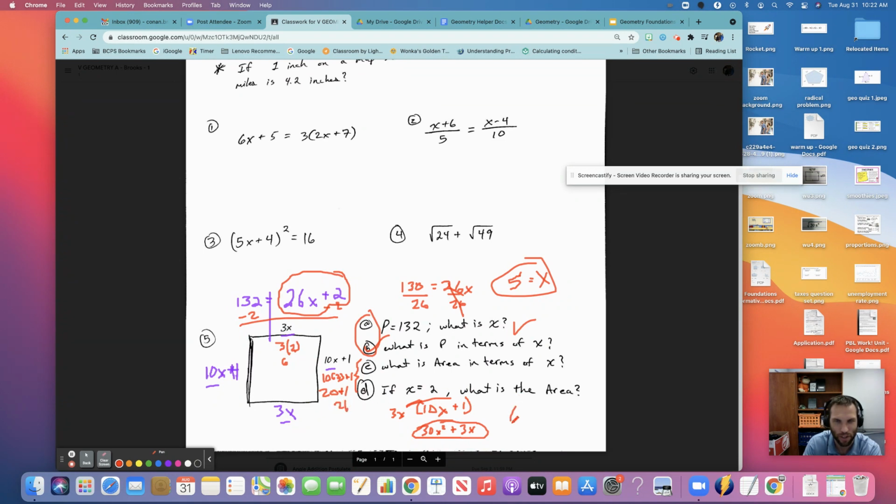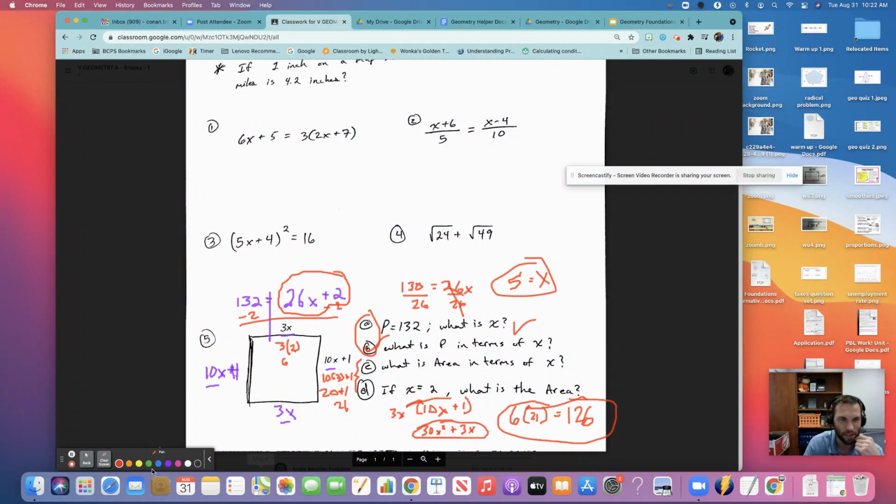And so the area is 6 times 21. And that is equal to 126. So 126 would be the area. 126 would be the area if x were 2. Okay.